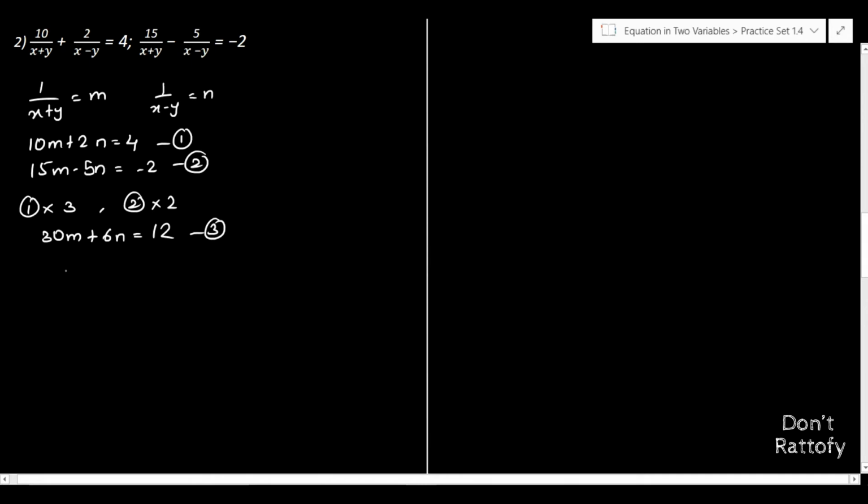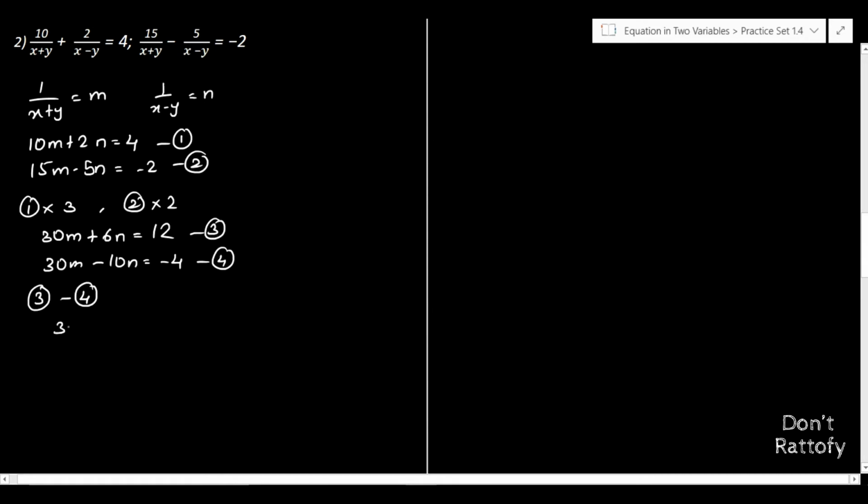Similarly, if I multiply the second equation by 2, 15 2s are 30m. See, I got 30 and 30. Minus 5 2s are 10n is equal to minus 2 into 2 is minus 4. This is my fourth equation. Now what I am going to do is equation 3 minus equation 4.